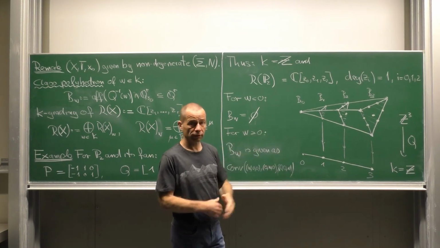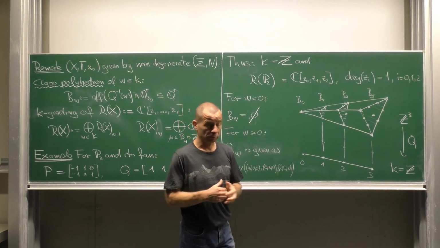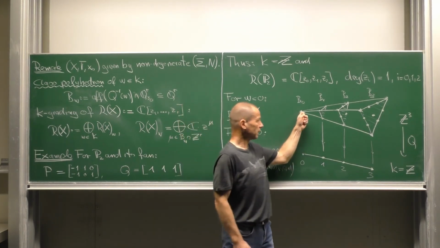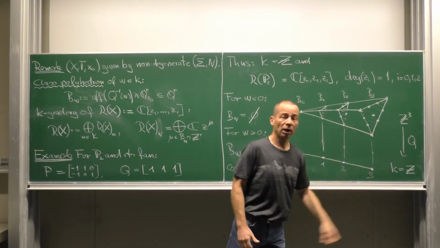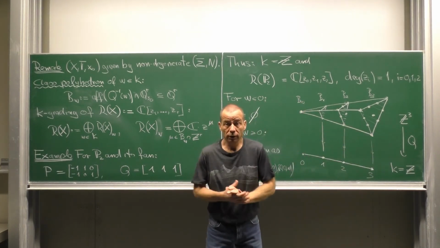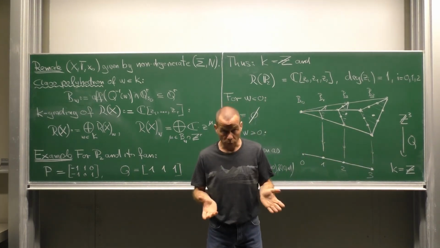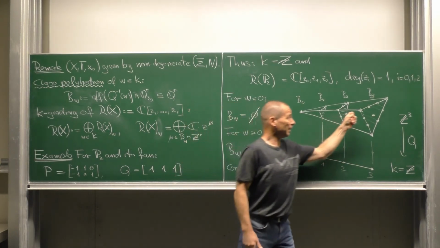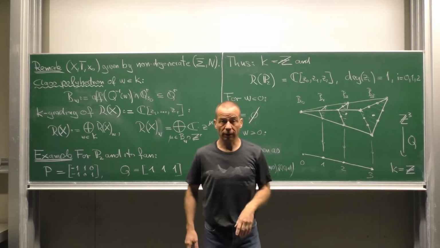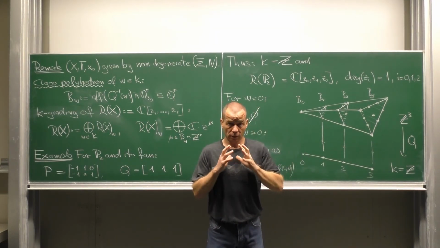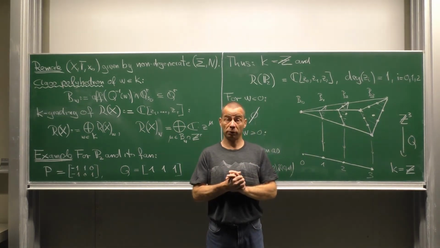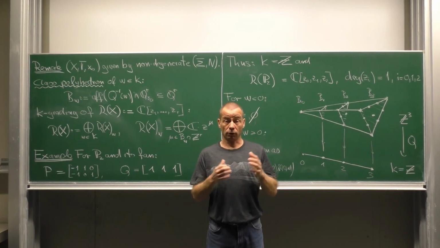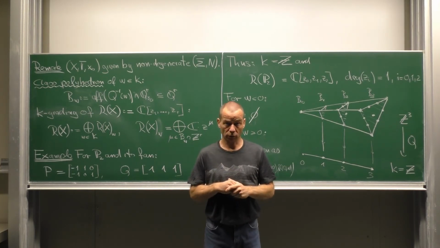Then we arrive at this picture, and these slices represent the homogeneous components of the homogeneous coordinate ring, in the sense that the lattice points inside a slice form a vector space basis for the corresponding homogeneous component.